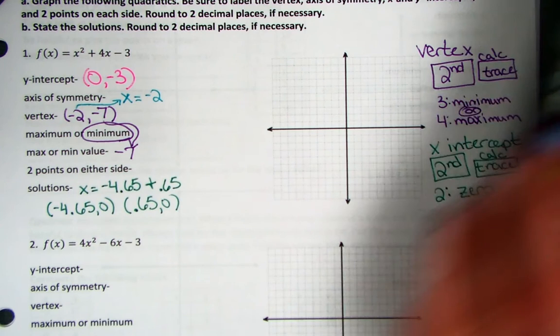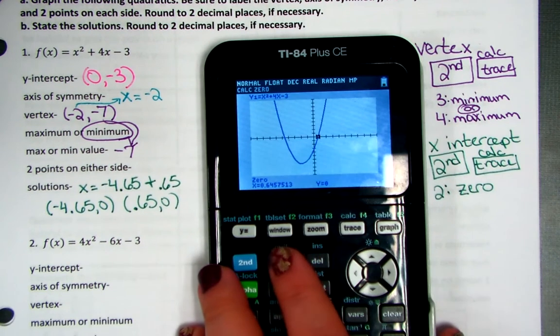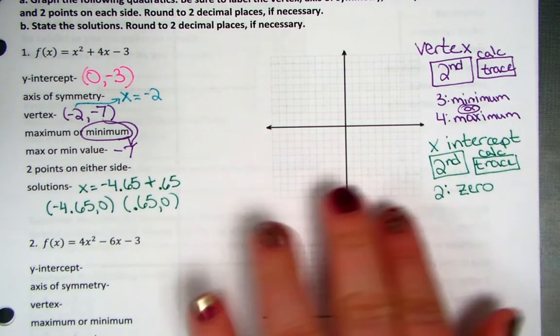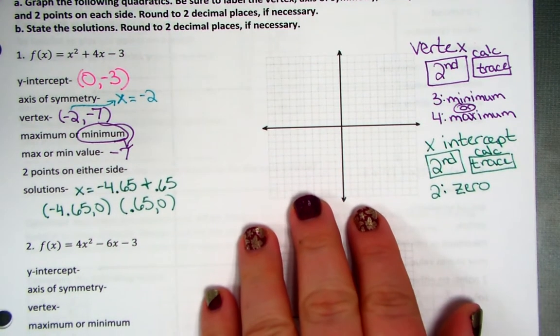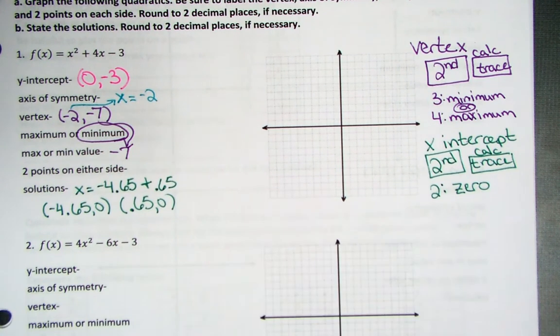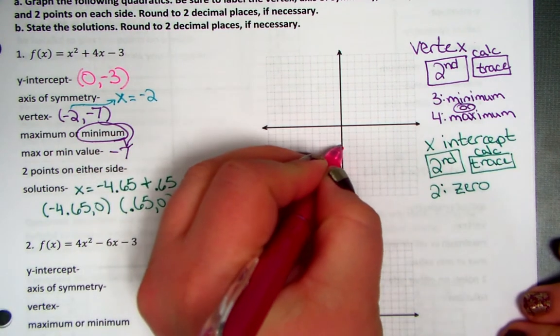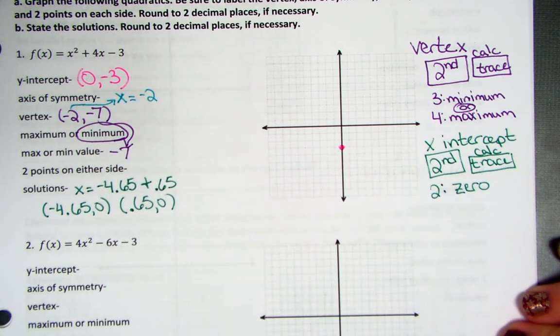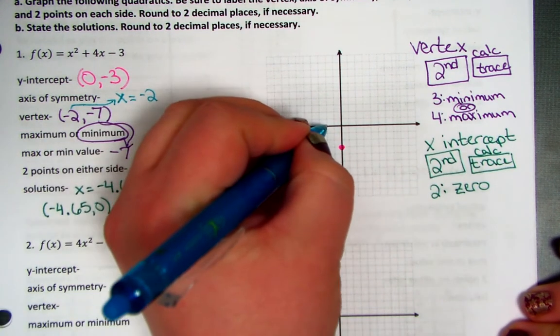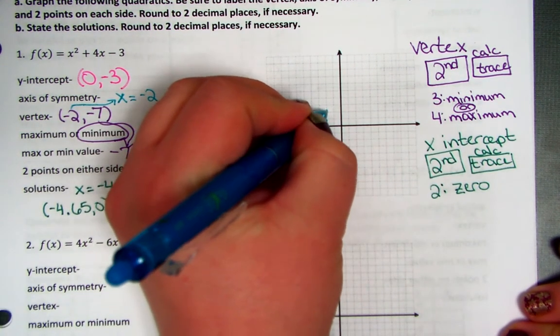Now, we use a -10 to 10 window on our calculator, and that's what we're given on our paper, so we don't need to change our scale at all. So we're just going to start plotting these points. We have our y-intercept at 0, -3. Our axis of symmetry is at x equals -2. And remember, that's a dotted line.